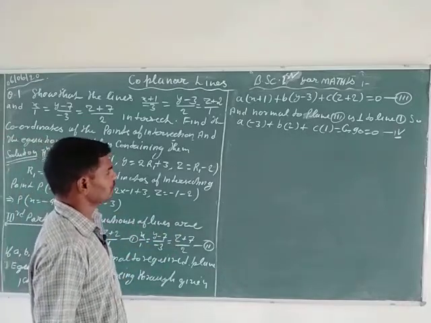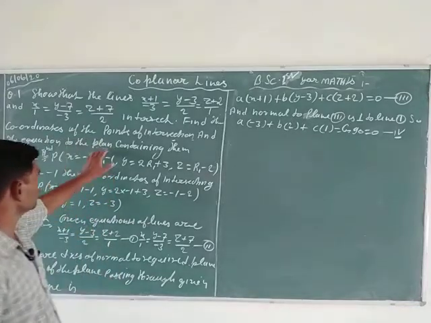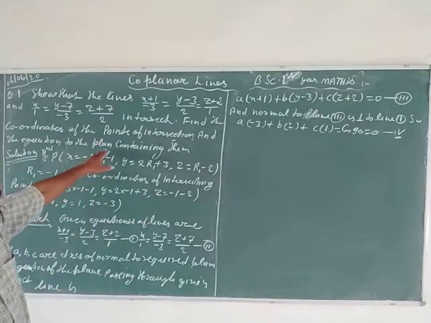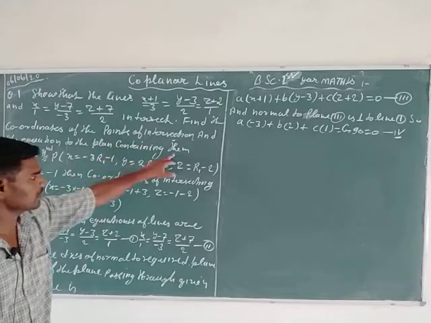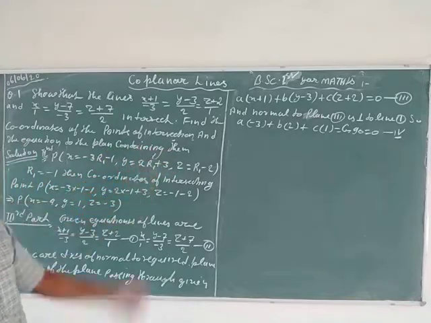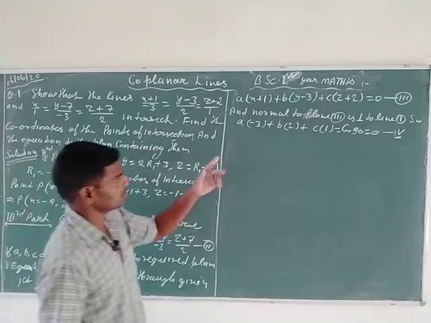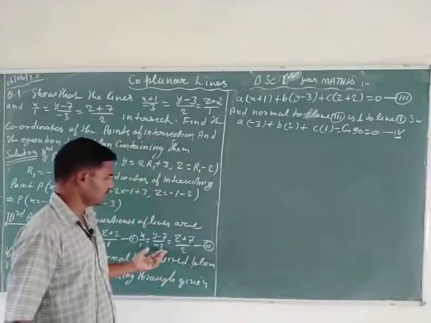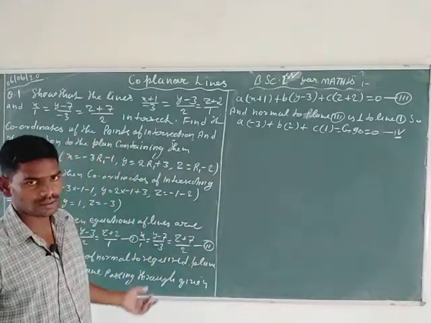Also, according to the question, the required plane must contain both lines, which means plane third must be passing through the second straight line.